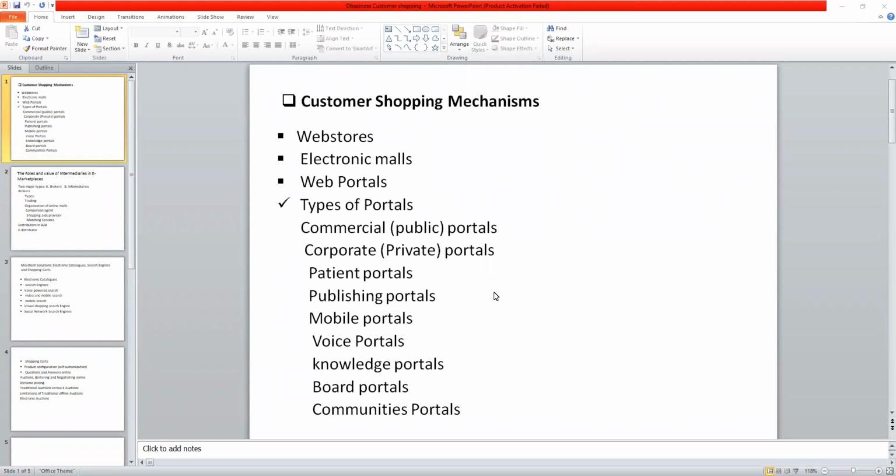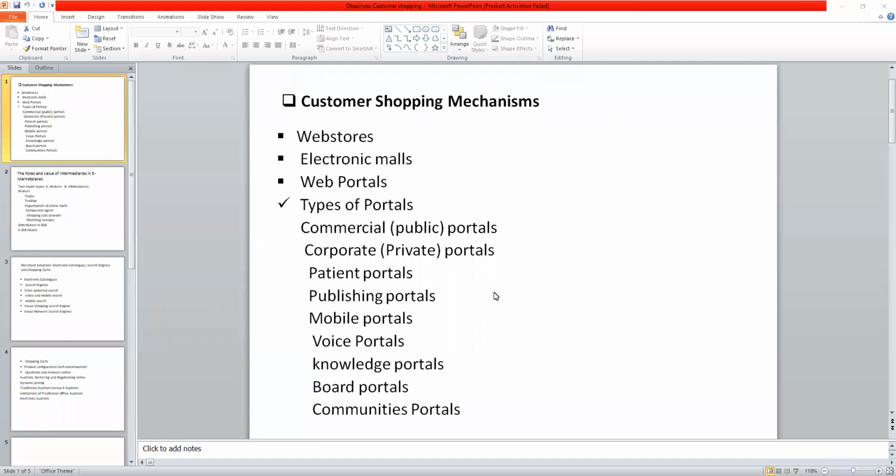Now here the web store may be designed by the manufacturer, that is, it may belong to the company, the manufacturer, or it may belong to an intermediary. Like we have Amazon, which is an interface between both the sellers and the buyers, to individuals selling from home or other types of businesses.